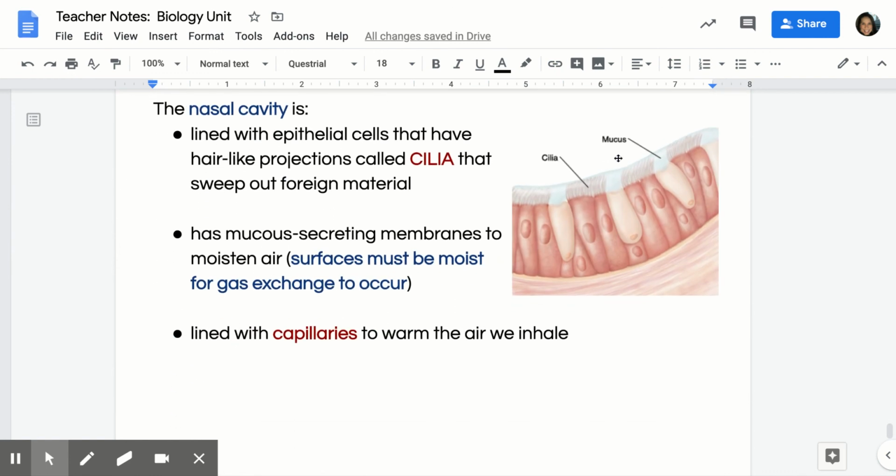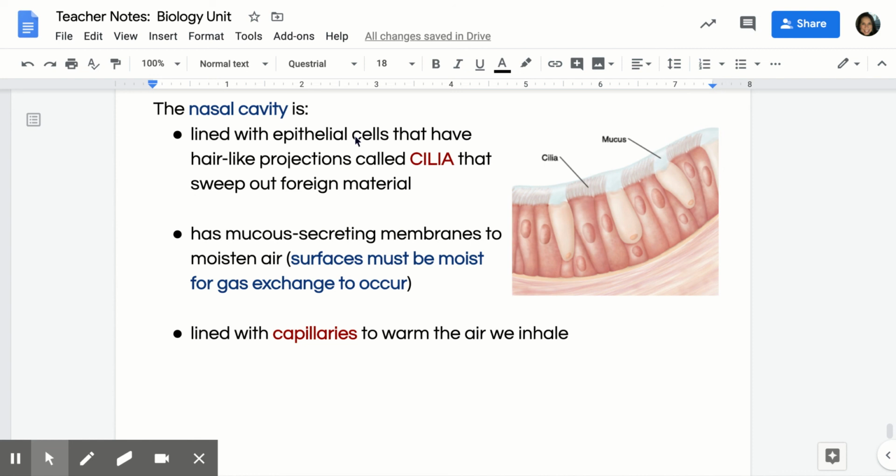The nasal cavity is lined with a couple of things that make this gas exchange more efficient. So we have epithelial cells in there that have these hair-like projections called cilia, and they're going to sweep away any foreign material so that we're not tracking in dust and dirt into our lungs.